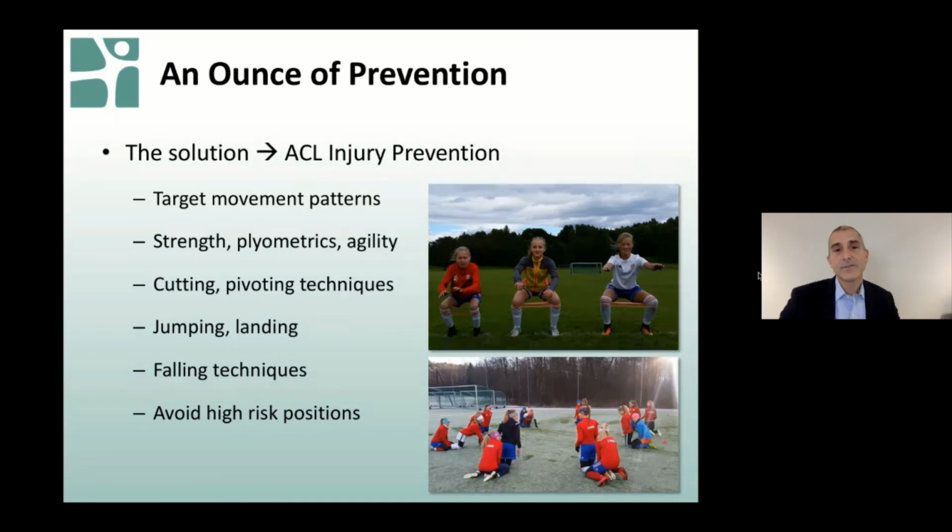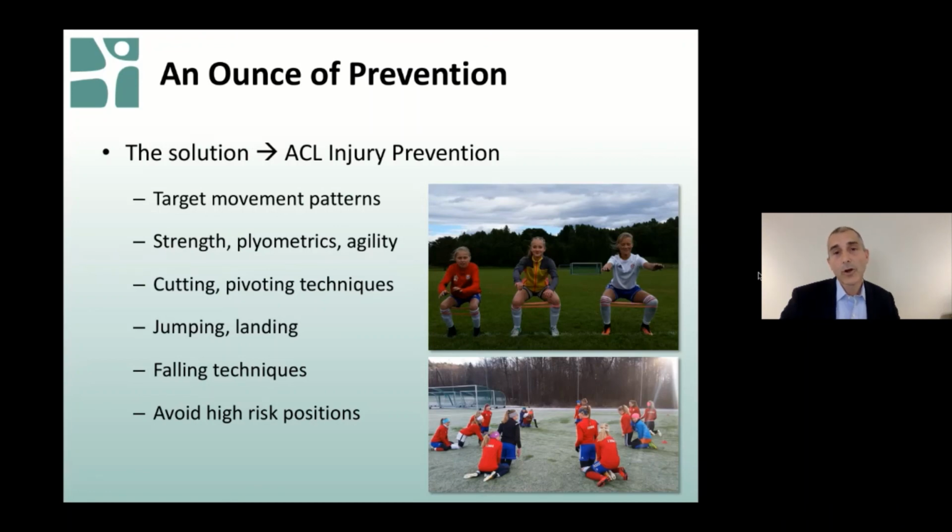The solution seems to be an ACL injury prevention program, and the purpose of these various programs, and there certainly are many that are out there now, is to target abnormal movement patterns at the hip and knee, to improve strength and agility, provide plyometric exercises that our young athletes can perform, to improve their cutting and pivoting techniques, to improve their jumping and landing techniques to avoid that dynamic knee valgus.